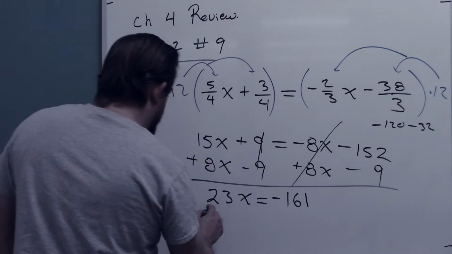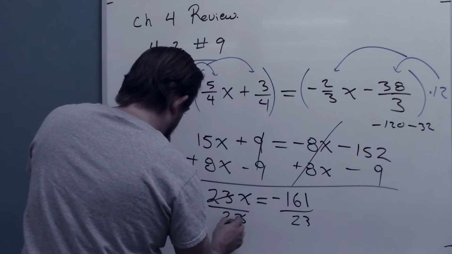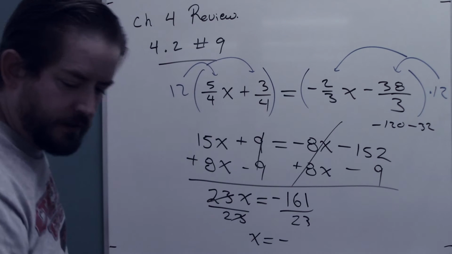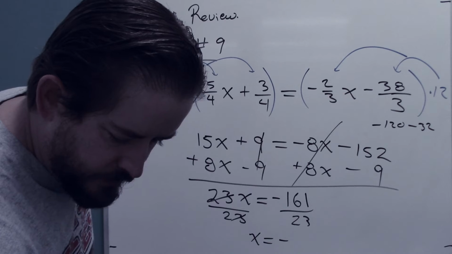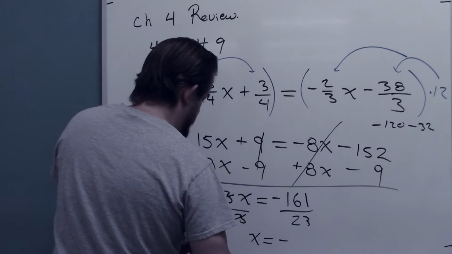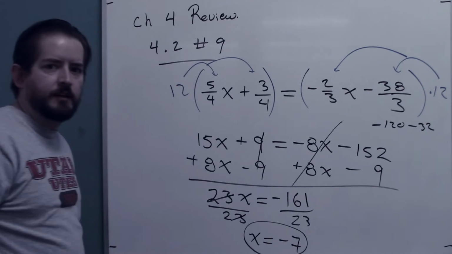Divide each side by 23, and I have x equals negative, and I think that goes evenly. Negative 161 divided by 23 is 7, so it's negative 7. Kind of ugly numbers there, but we've got it.